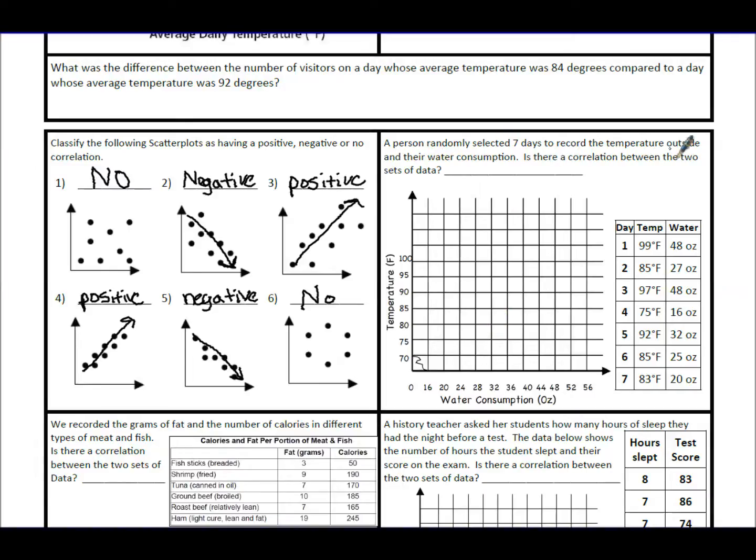A person randomly selected 7 days to record the temperature outside and their water consumption, and they wanted to know if there's a correlation between the two sets of data. So I see 48 ounces and about 99.